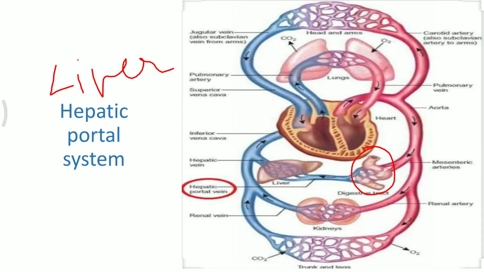Then the blood, which is now deoxygenated and also contains glucose and amino acids, moves through the liver. When I say through the liver, it means it is passing through the liver.